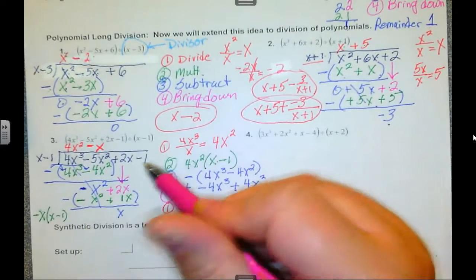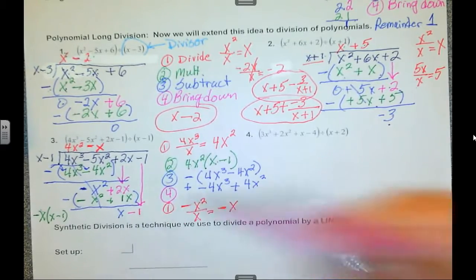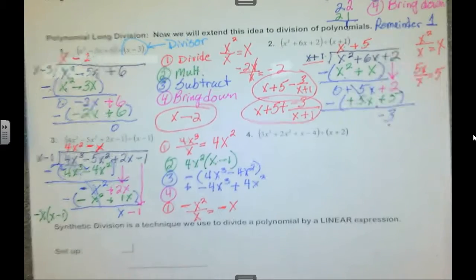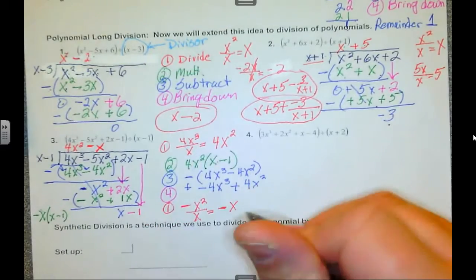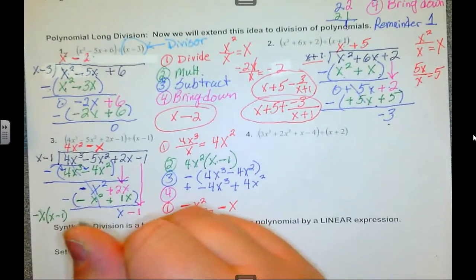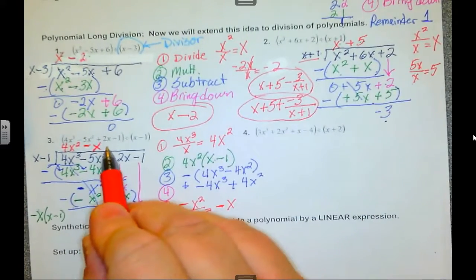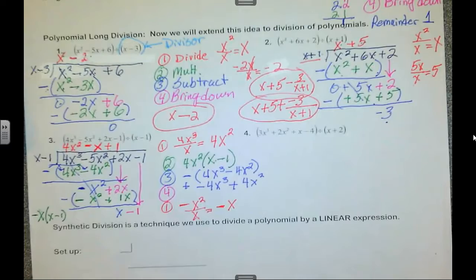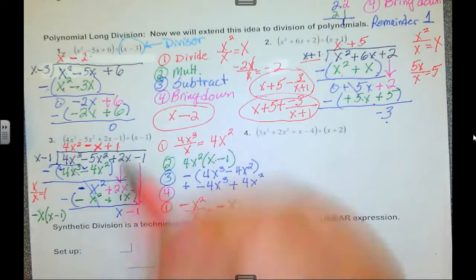Step 4, bring down the minus 1. And what's going to happen? The divisor is x minus 1. It's going to be 0, right? Okay, again, start the process over again. You could just put 0, but don't forget you're going to have to put a plus 1 here. Because when you divide x by x, that's 1, so you have to put a plus 1 there.